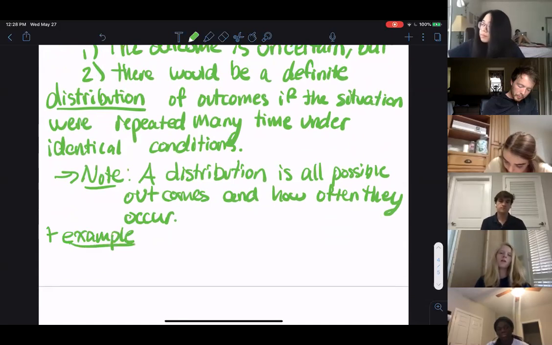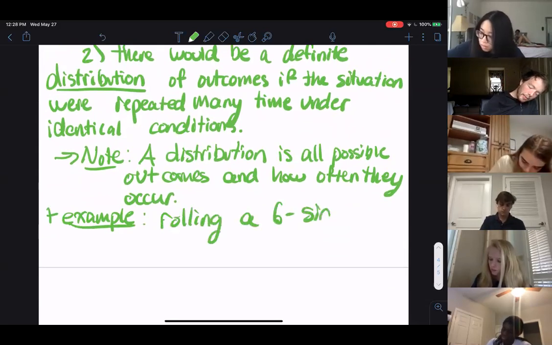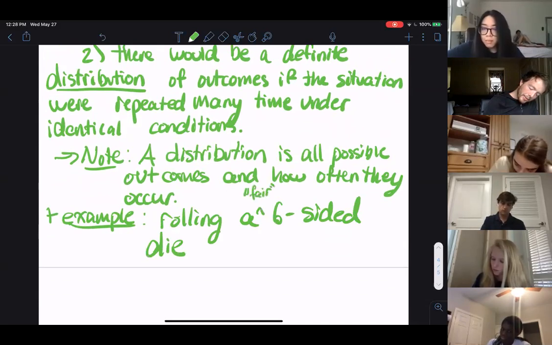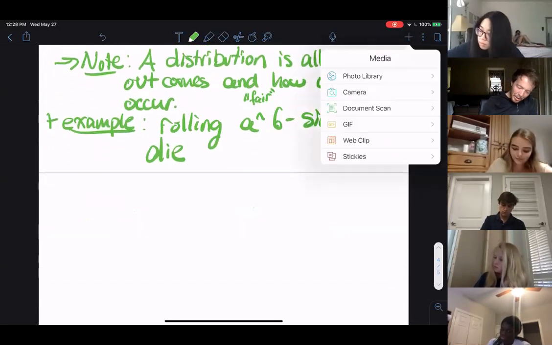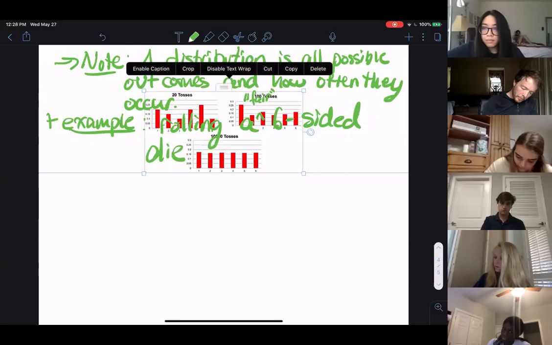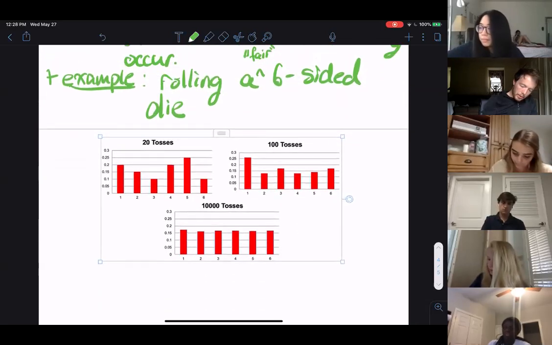Rolling a six-sided die. And I'm going to say a fair six-sided die. So no loaded dice here. And I got a picture. This one. So what do we see here?